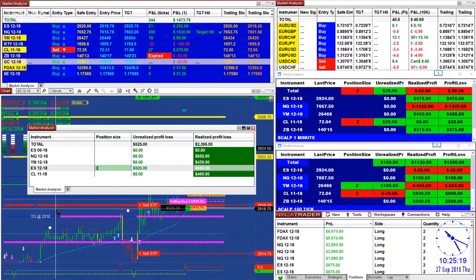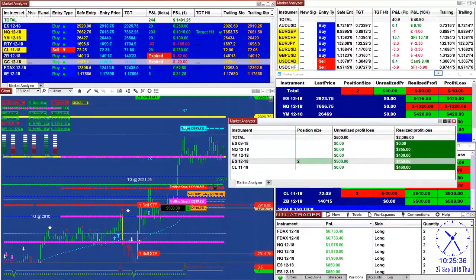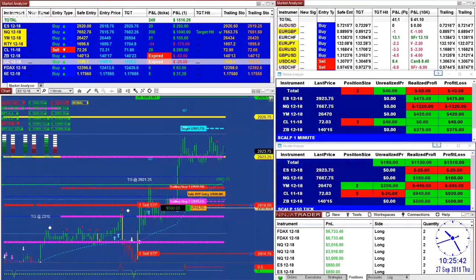So those are the first round in the morning, and we're still on that trade on the ES. This is the ES trade. Here it says 500, and here it says 500. So this is the first round, and now we are waiting on the second round.